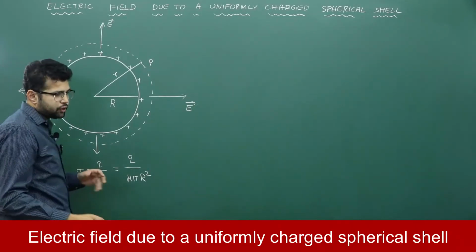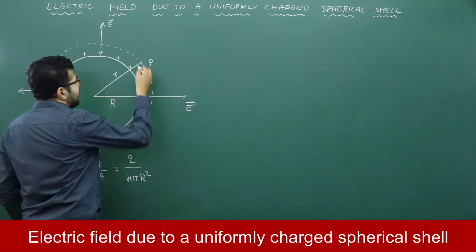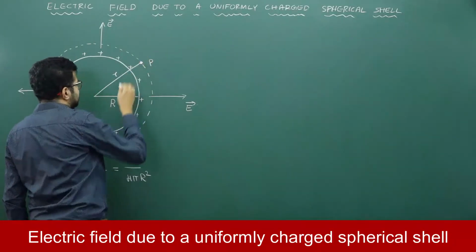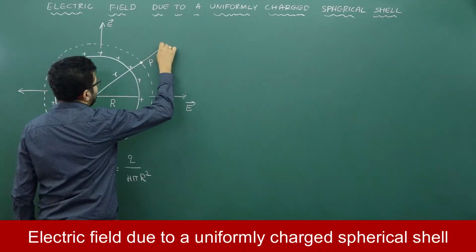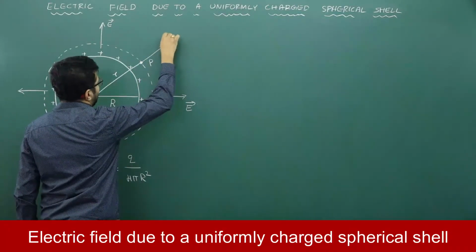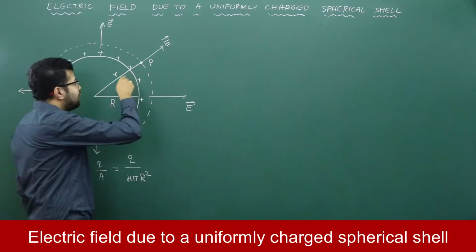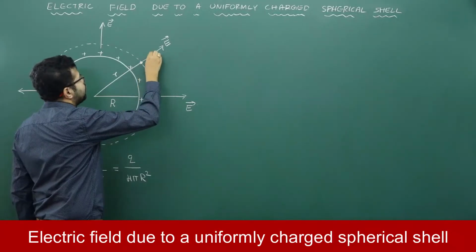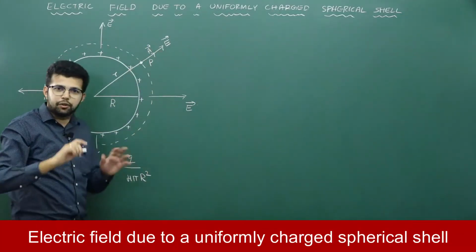In the derivation of Gauss law, we have already seen that if you consider any point on the spherical Gaussian surface, what is the direction of electric field? Electric field is radially outward. What is the direction of area vector here? Area vector is also the outward normal. Angle between electric field and area vector is 0 degree.